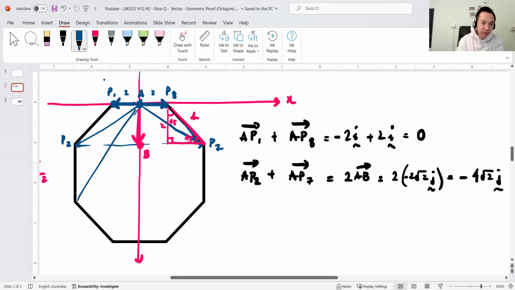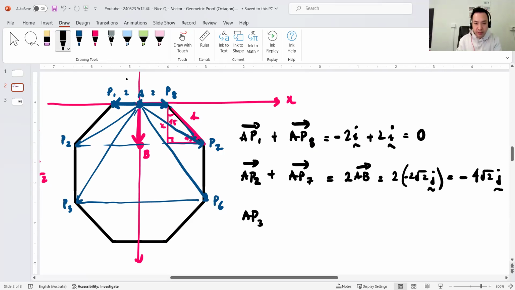So this one over here to P3, this one over here to P6, right? Same thing, draw yourself a line there, AP3 plus AP6, right?